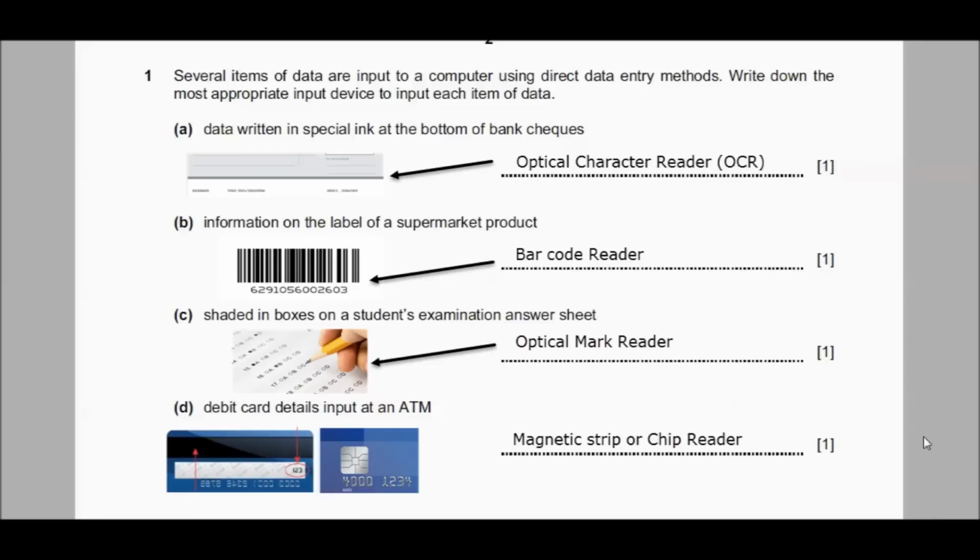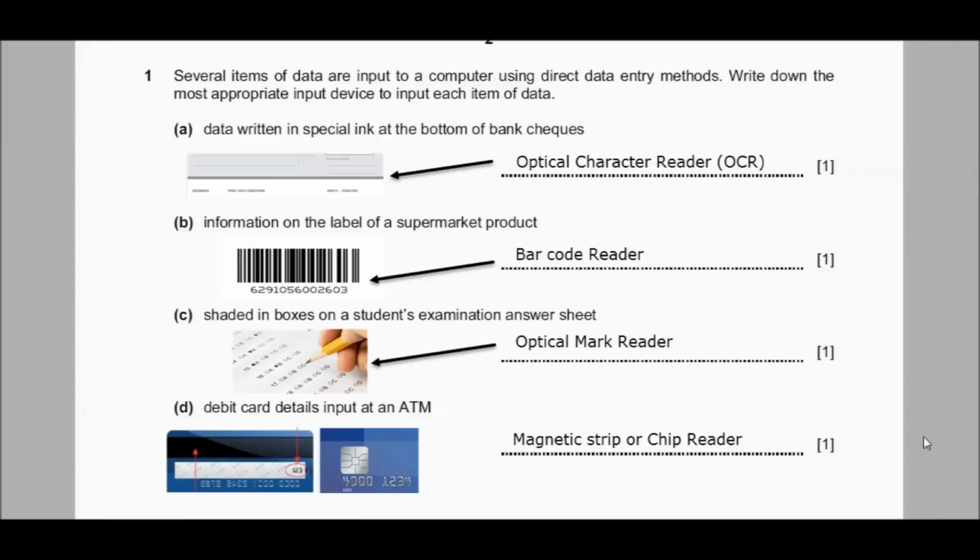C is shaded in boxes on a student's examination sheet. So usually for multiple choice answers, the answer sheet will give you maybe A, B, C and D, and you mark usually with an HB pencil. So the optical mark reader will read what the mark is on the paper, and based on that save the results, and then it can automatically mark the question paper or the answer sheet.